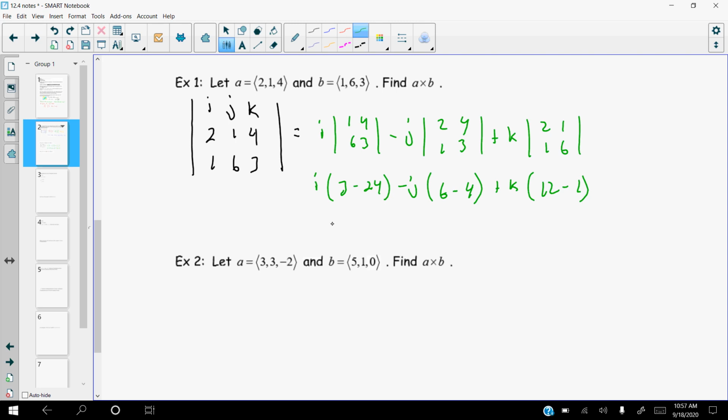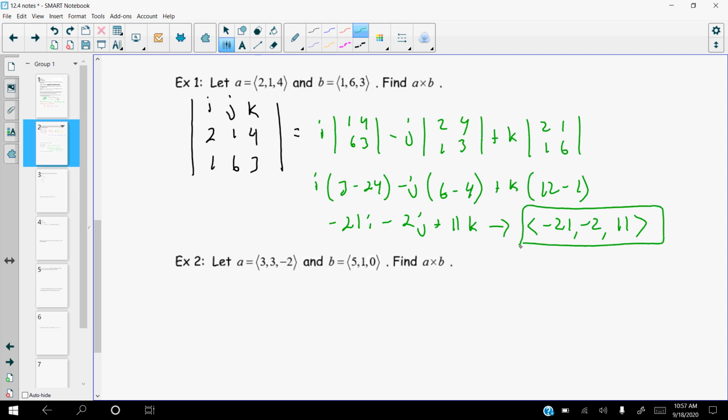So we should get negative 21I, minus 2J, and then plus 11K. So ultimately, you can write this in both ways, but the easier way to write it is in vector notation. It's negative 21, negative 2, 11. This is the cross product of 2, 1, 4 and 1, 6, 3. It gives you the vector negative 21, negative 2, 11.